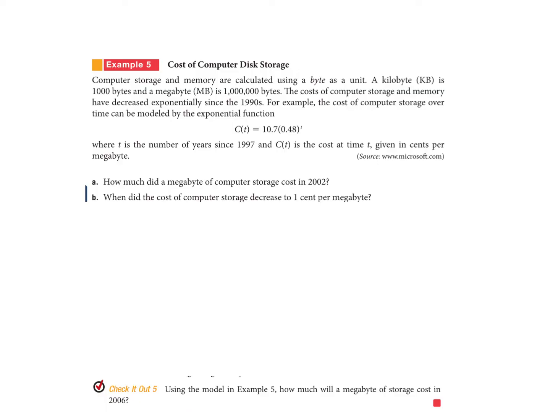All right, and again, this is in megabytes. So let's take a look at this. First of all, how much did it cost in 2002? Note that 2002 is 5 years from 1997. So for t, we're going to put in 5.